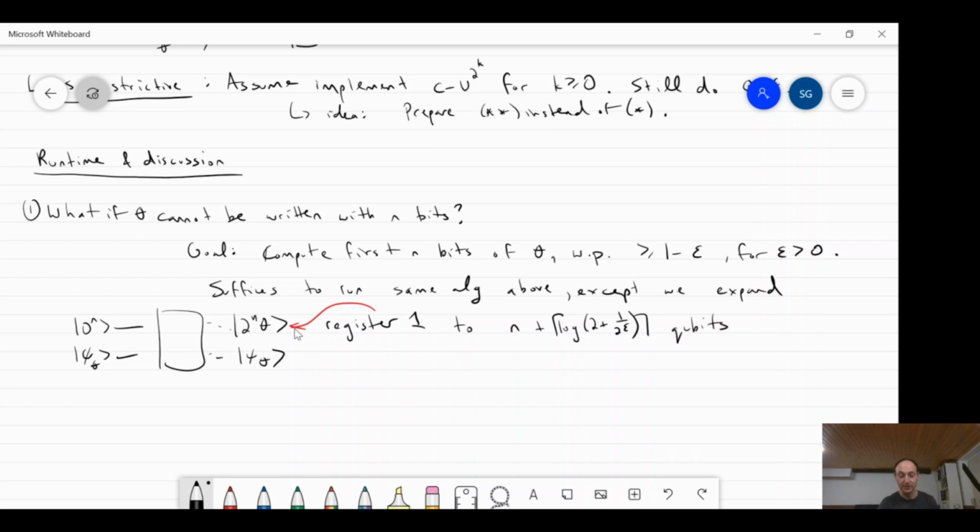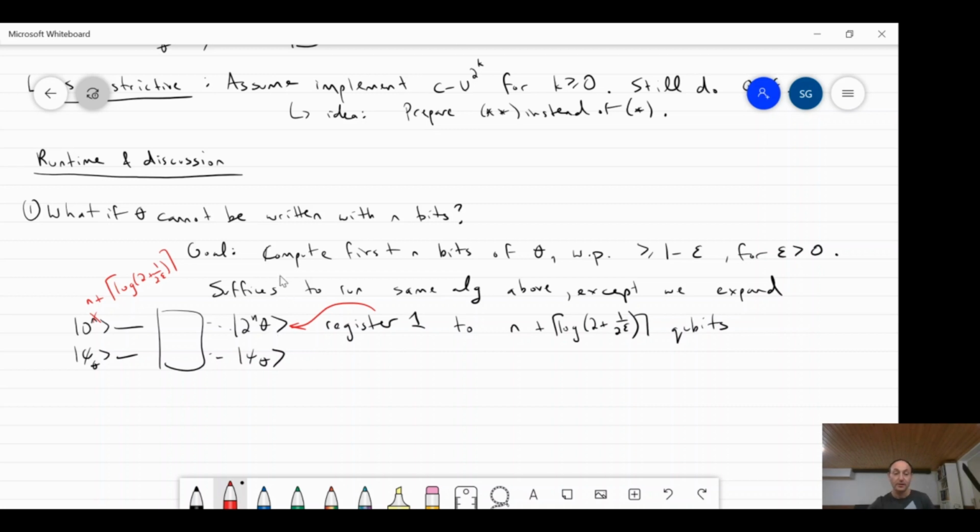So if you run the same algorithm, except instead of n, I'm going to have n plus the ceiling of log of 2 plus 1 over epsilon. Then you can run the same algorithm, and you can do an analysis to show that with probability at least 1 minus epsilon, when you measure this register, the first n bits you record will be the right most significant n bits of theta.